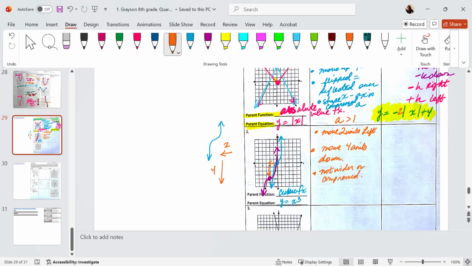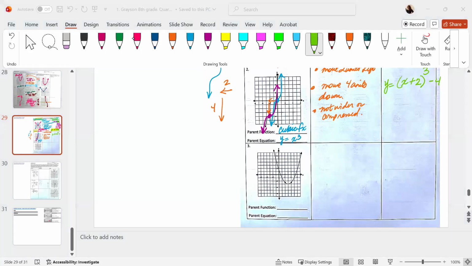Correct? So then my equation is going to be what? y equals, and it doesn't look like it's flipped, so it's a positive a. So x, it's moving 2 to the left, so that's going to be (x + 2) cubed, and then 4 down, -4. Does that make sense?